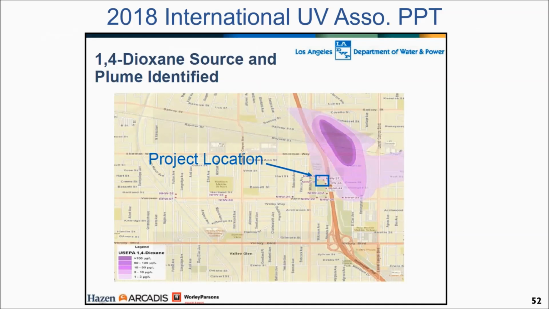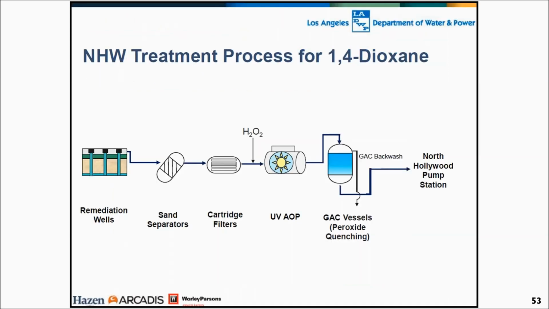So now I want to move to drinking water, specifically groundwater. And I'm going to borrow from a talk given last year at the 2018 International UV Association Conference. What I'm showing here is what's being built by the City of Los Angeles Department of Water and Power in the North Hollywood area of their service.